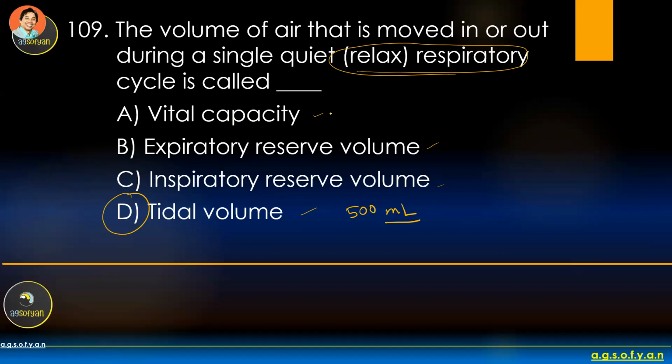Vital capacity is the lungs' capacity, which can take around 6 liters, or 6,000 milliliters of air. So the answer will be tidal volume, about 500 milliliters in and out during quiet, relaxed breathing.